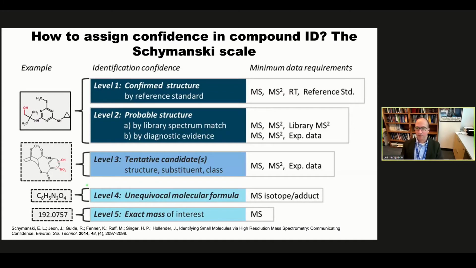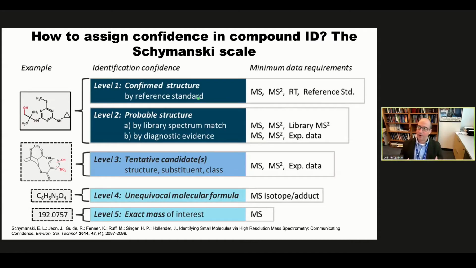So this is the roadmap of how we actually assign compound identification confidence when we are doing annotations on a large scale. This is a scale that was published by Emma Szymanski a number of years ago, and it lays out a roadmap for assigning confidence based on evidence and data requirements that we can collect for compounds of interest in environmental samples, such that level 1 confirmed structure compounds are those that we're most certain about.